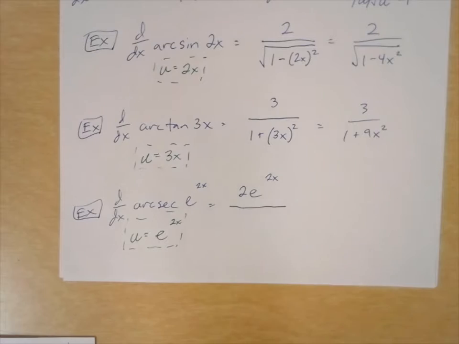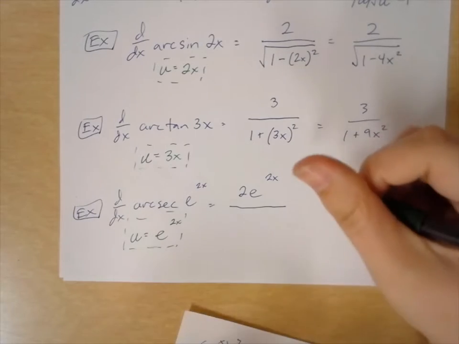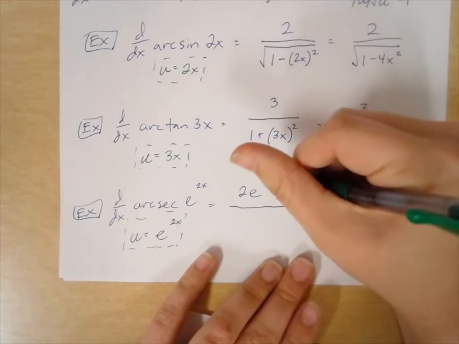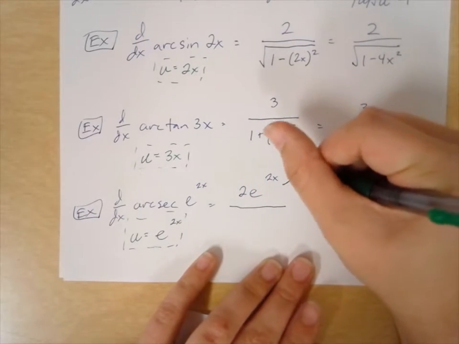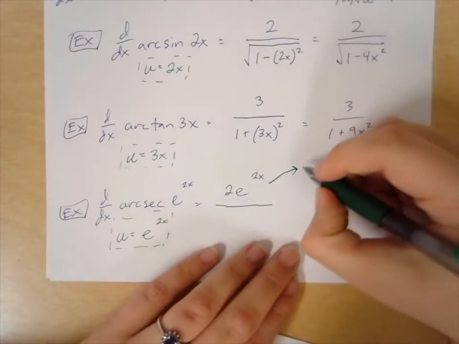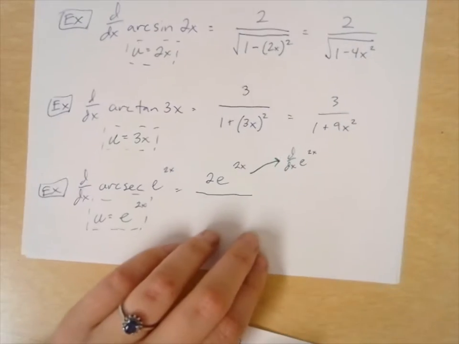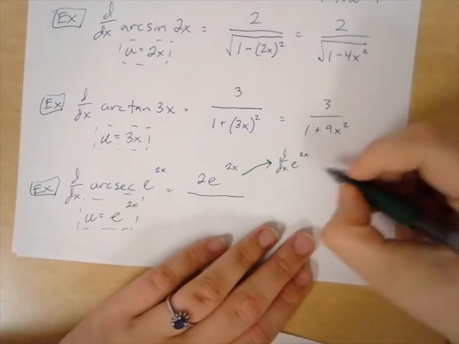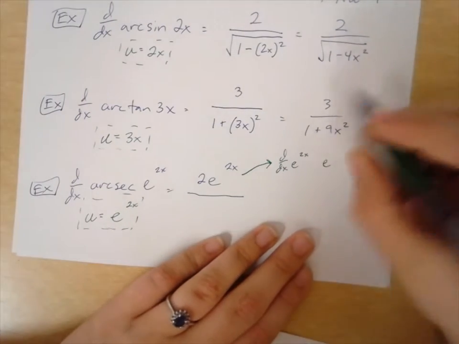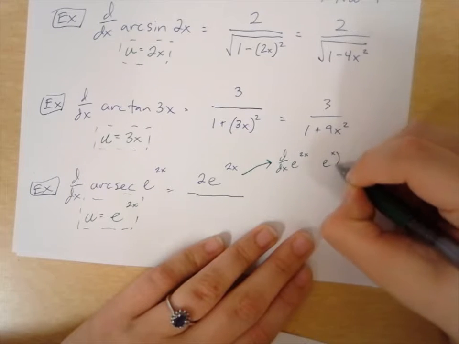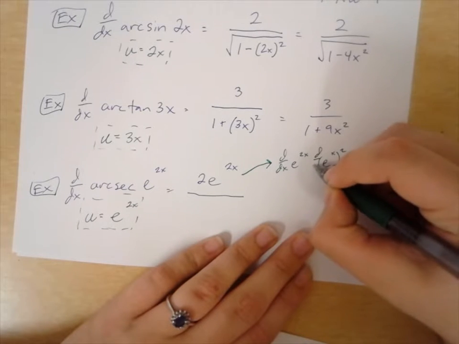and let me quickly explain why this is 2e to the 2x, because that wasn't all that intuitive to me personally. I'll do a little arrow over here so you guys can see why this is true. When we take d dx of e to the 2x, the first thing that's important to do here is to rewrite this as e to the x squared.